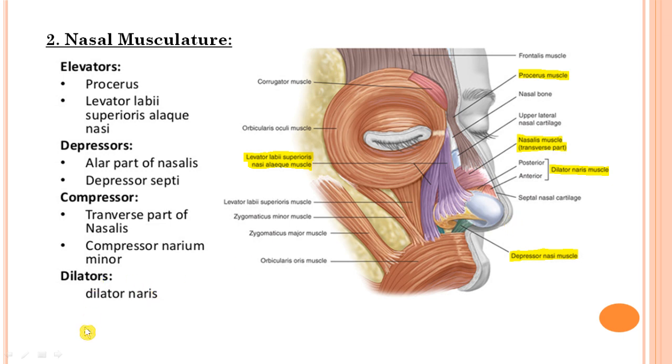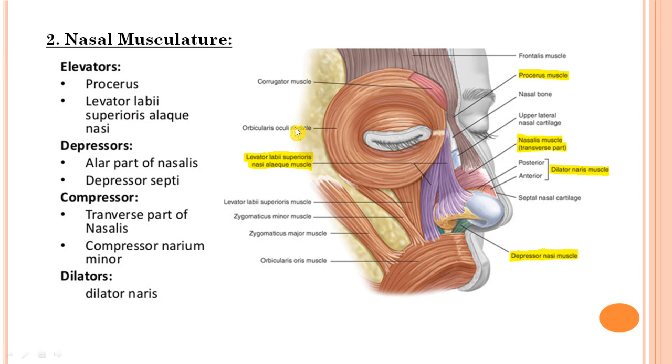Then there are dilators. So the dilator naris muscle, the anterior as well as posterior, dilates the nose when it contracts. So this is the nasal musculature: elevators, depressors, compressors, and dilators. These are the movements that take place in the external nose.